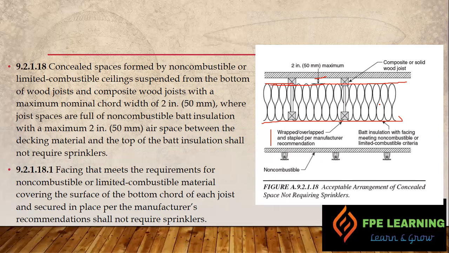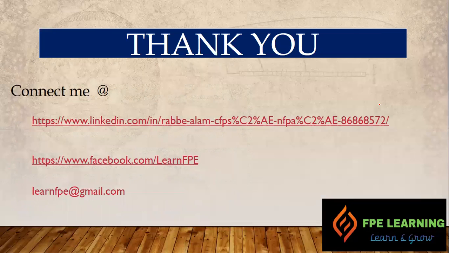Now we come to the end of this combustible space, but before closing, I want to highlight some points regarding the concealed space concern. The concern is that combustibles will propagate a fire through the building, and the space allows the fire to spread from one area to another.